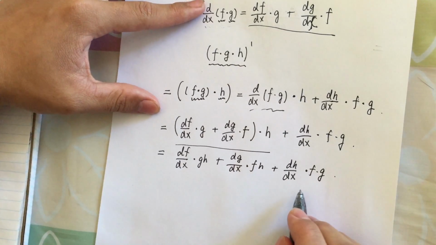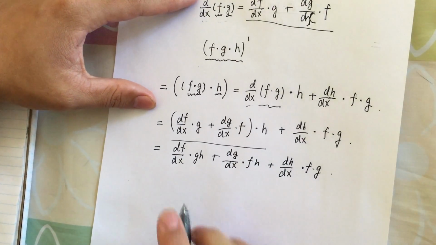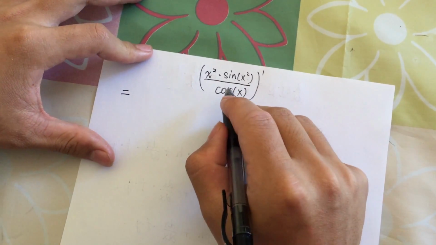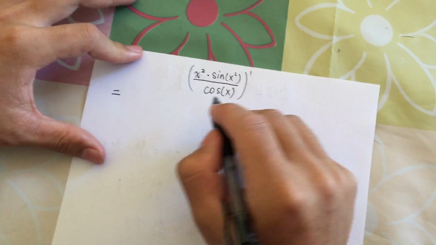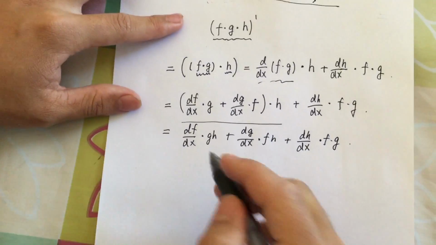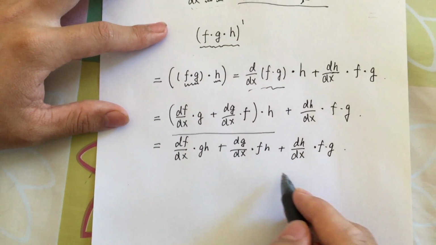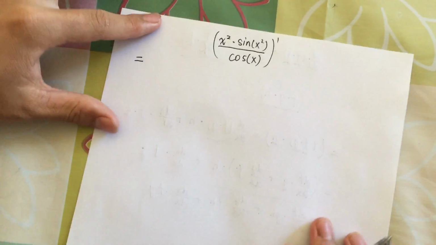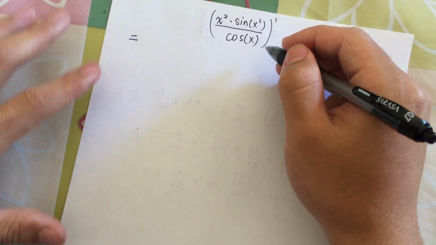Well, how do we prove this? We can give an example. We can try to differentiate this function using the quotient rule and the expanded product rule that we have already written. First we use the quotient rule.